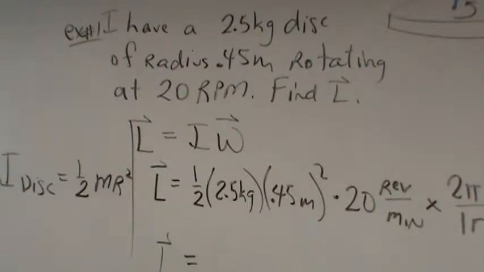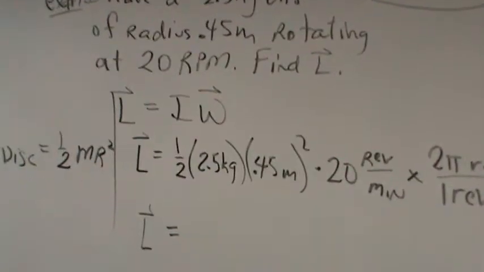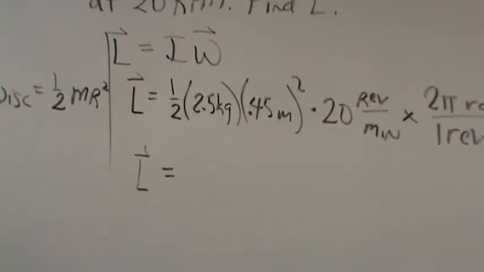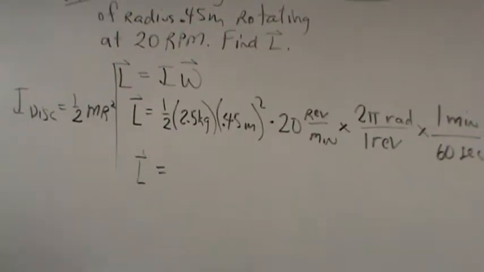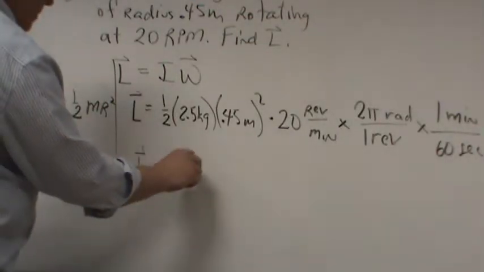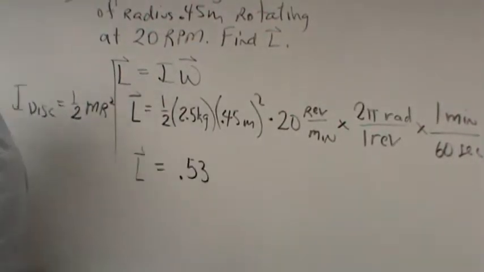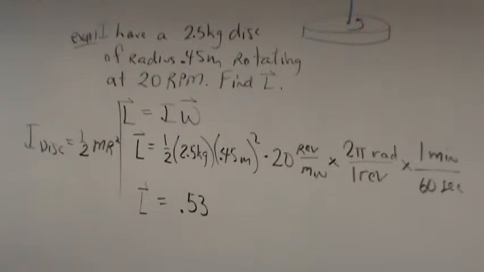So what'd you guys get? Anyone get 0.53? Yay. Fatima and Zina got it. Yay. Brianna got it. So it must be correct. Is there any question on any of this stuff? That's your angular momentum.